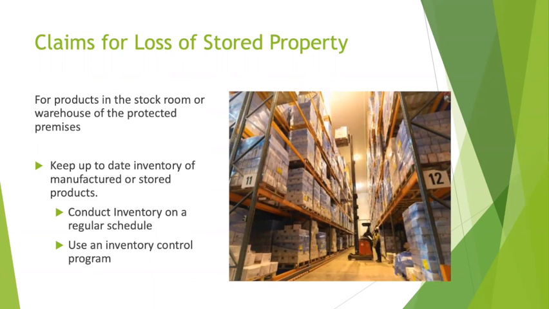You may not keep a huge inventory of equipment back there, but you need to conduct an inventory on a regular basis and use some type of inventory control program so that you can keep up with this inventory that's held on the business premises.